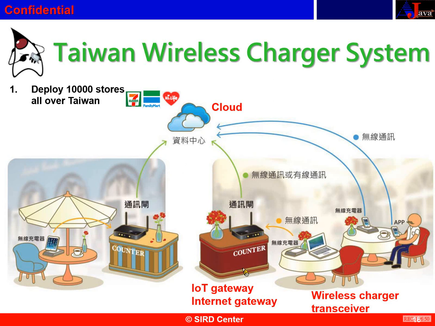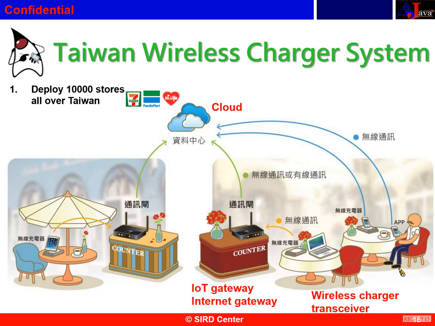The architecture is quite similar. Here we have an IoT gateway, we have an Internet gateway, and the wireless charger is actually built inside the table. So they are not like in our lab, where we just have the bench. Everything is built in, you cannot see it, it's just embedded in your furniture.